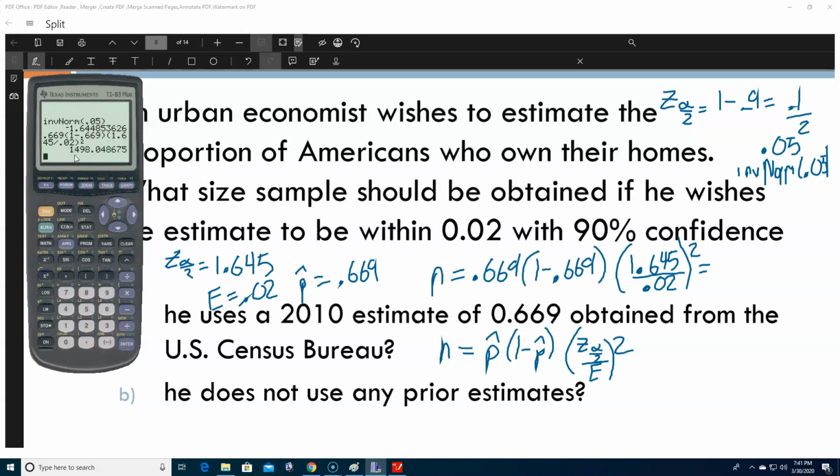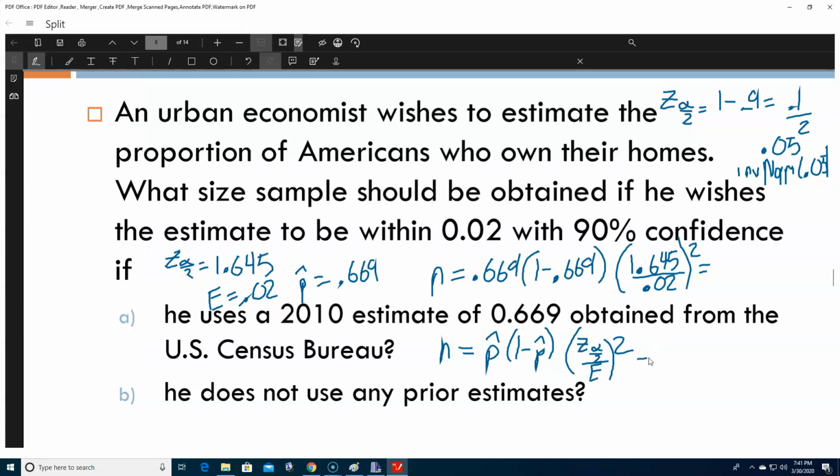So we get a number, right? 1,498.0486. Anytime you get a decimal, remember this is a sample size, so we can't have decimals, so we round up. So our number for A would be 1,499.